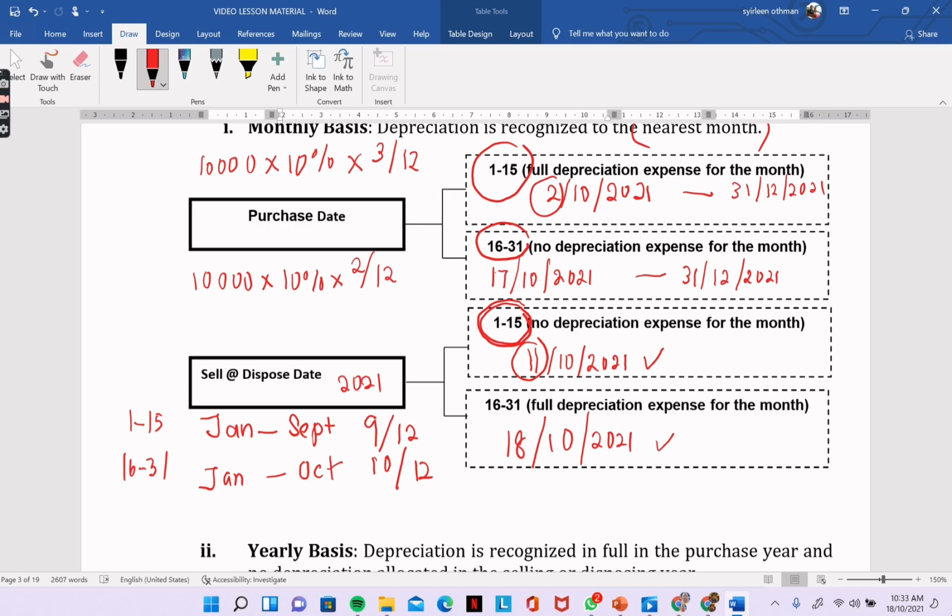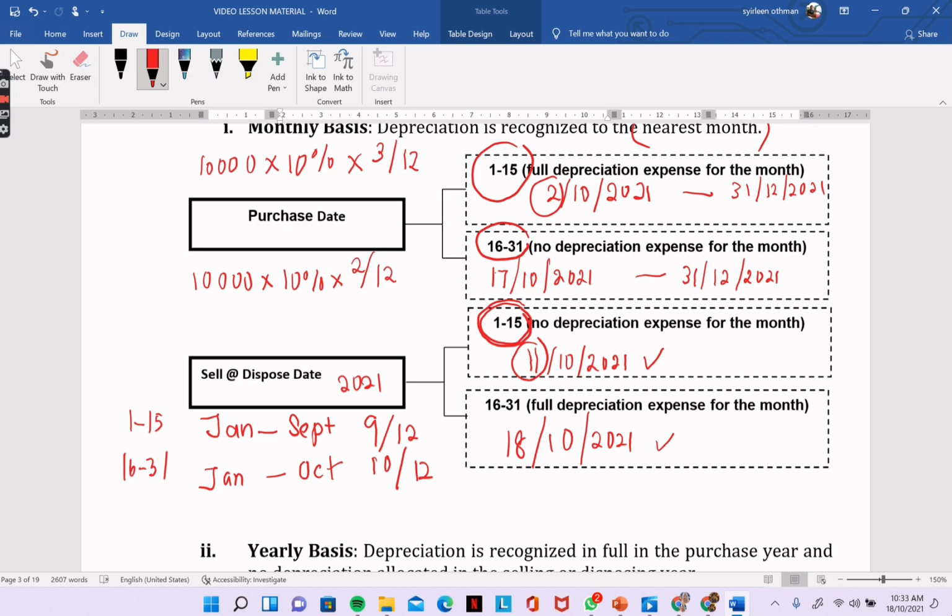Okay, so if you dispose within 16 to 31st of that particular month, the depreciation expense will include one full month for the month of the disposal as well. Tapi kalau between 1st until 15th, that particular month is not considered as part of the disposal period. So kita akan kira depreciation until the previous month only.